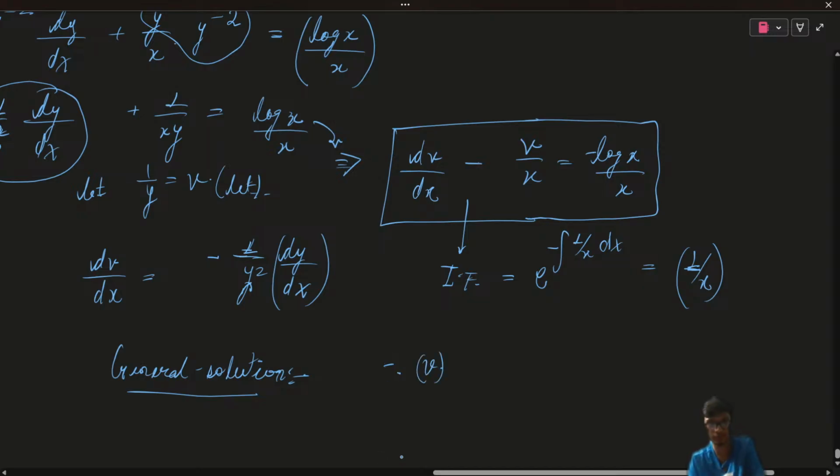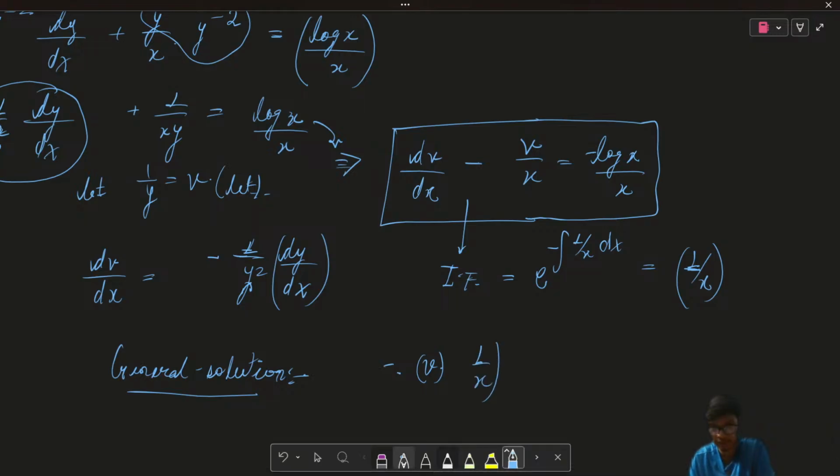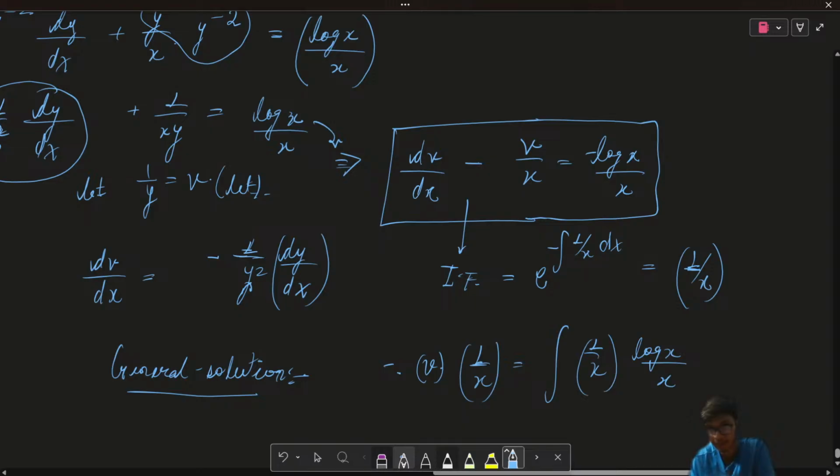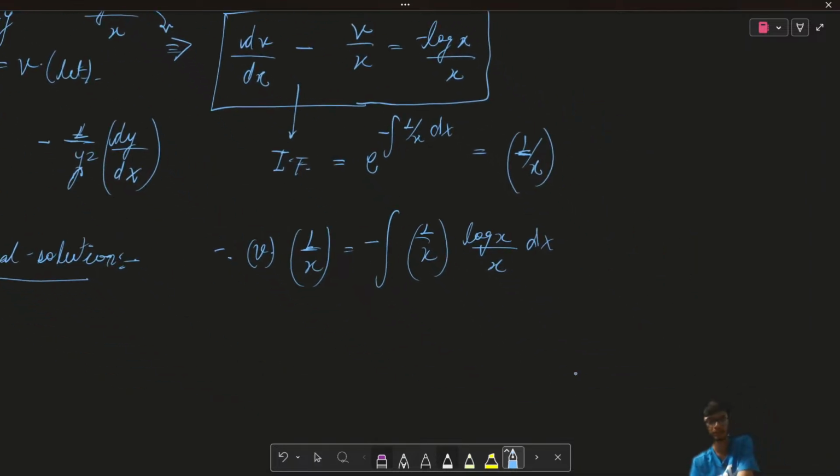So v into 1/x, that is the integrating factor, should be equal to integration of 1/x into log x by x, and there is a minus over here, and then we have dx, right? So I have to carry out this integration by parts. If I carry that out and substitute v as 1/y, the final form of the equation will be 1/y.